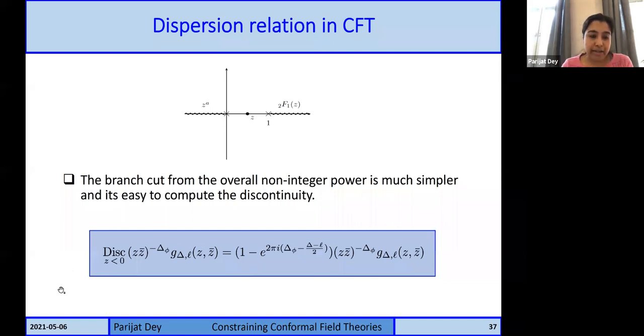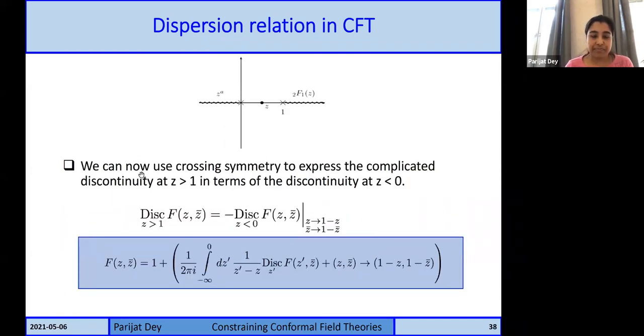And this is actually very useful, because now we can use crossing symmetry to express this complicated discontinuity which comes from the hypergeometric function in terms of this discontinuity from this exponent. So we are interested in computing this discontinuity at z greater than 1. And we use crossing symmetry, which is the equality of f(z, z-bar) to f(1 minus z, 1 minus z-bar).